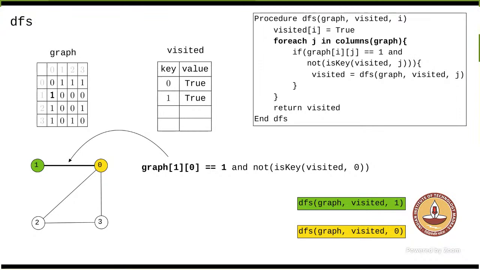But if it's already present, we will not be executing this. So now we are checking if 0 is a key of visited. 0 happens to be a key, so this key is going to evaluate to true. So not of true will become false, and therefore the entire AND condition, this whole if condition, will become false. So we are not going to visit 0 again.